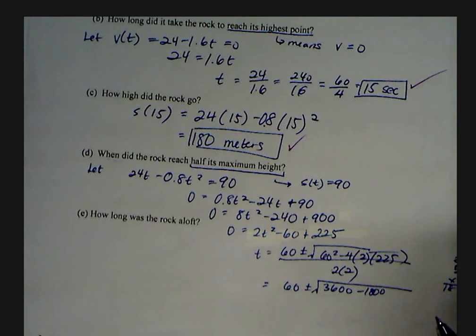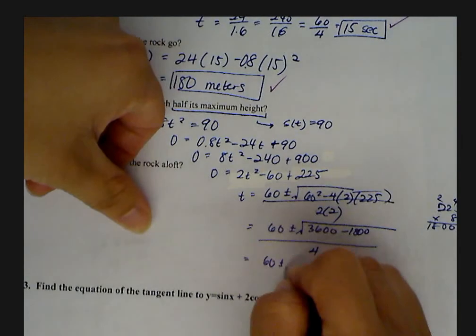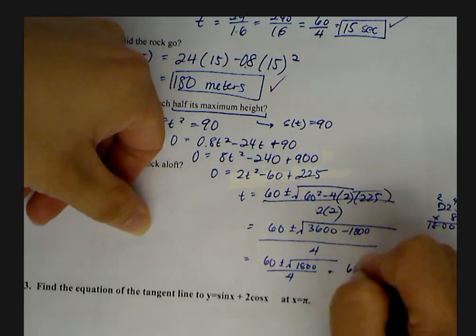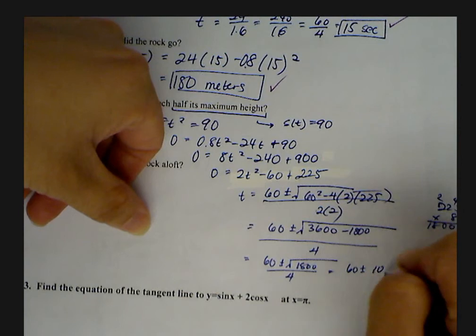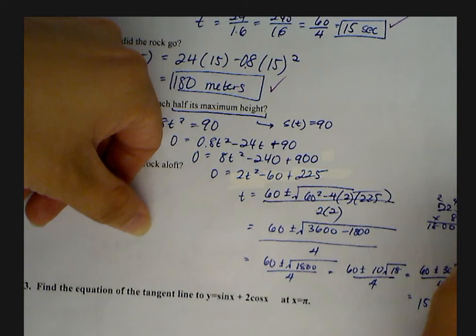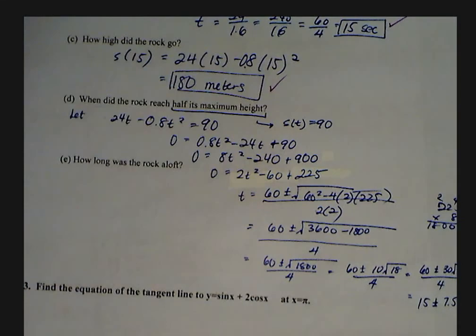Let's see. Okay, 60 plus or minus the square root of 1800 over 4, and the square root of that is 60 plus or minus 10 times the square root of 18 over 4, and 3 can come out of that, so 60 plus or minus 30 times the square root of 2 over 4, which is 15 plus or minus, what's 30 divided by 4? 7.5 times the square root of 2. Okay, so can somebody put that in their calculator?